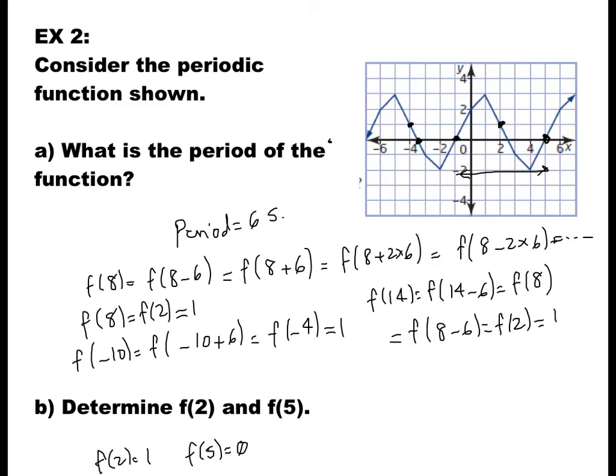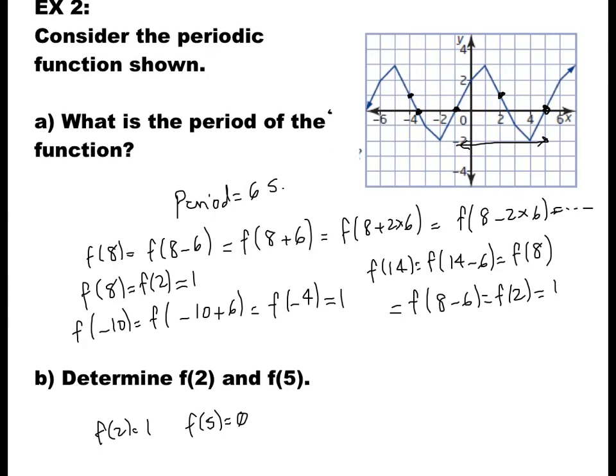So although we did not have the graph to the right and to the left, we could use the properties of periodic functions to find the values of points which are not shown on the graph, or we could predict the values of the function. The next part of the example is what is the amplitude of this periodic function.